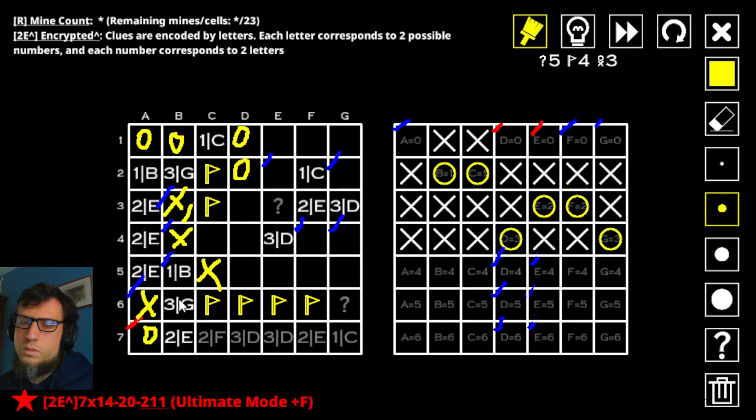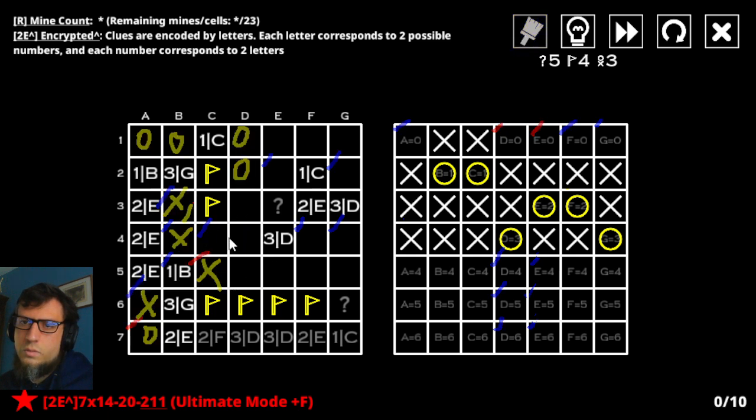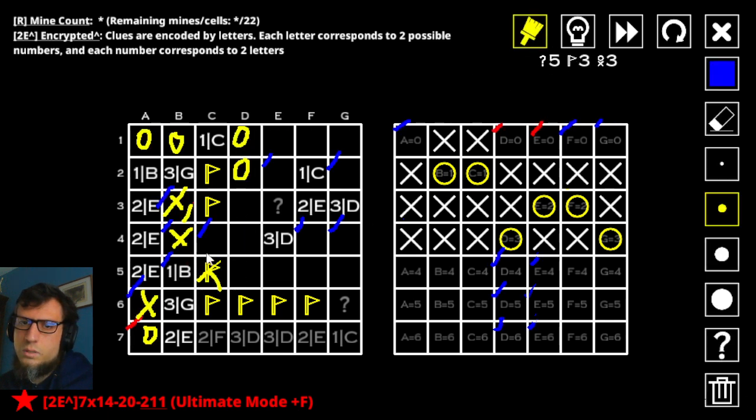These were out, and this can't be 0 because it already has 1. Oh. In the other world, there's a mine here, and that isn't a mine. That would force this to be a mine in the other world. That would put the 1 on the B. That B would force this to be safe. But we do know this much at least.